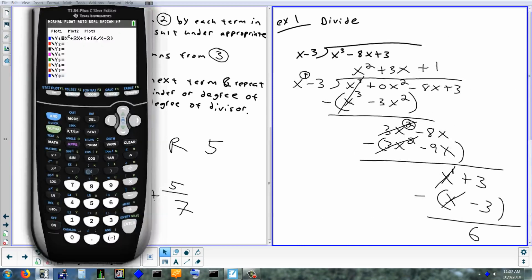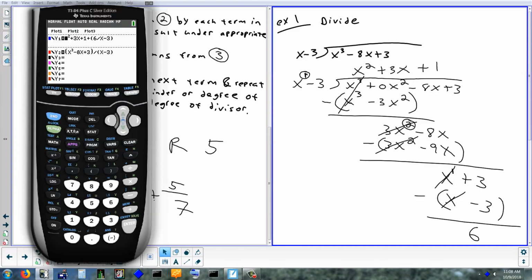So I'm going to take the original problem, which was x cubed minus 8x plus 3, and I'm going to divide by x minus 3. If I want, I don't even really have to look at the whole graph. I can just look at, oops, let's see, did I type something wrong? x cubed minus 8x plus 3, x minus 3.